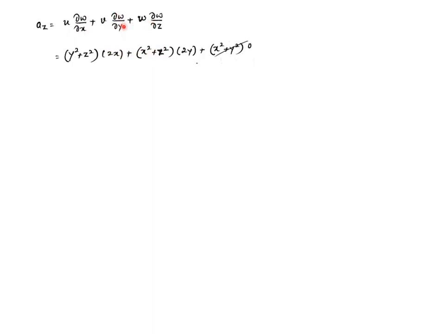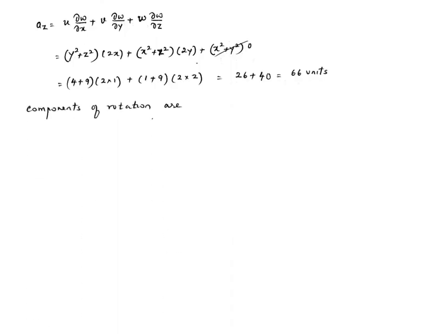Take w and differentiate with respect to y, the differentiation of y² is 2y. Take w as x² + y² and differentiate with respect to z. There is no z term, so it will be 0. Substitute the values of x, y, z, and you will get 66 units, meter per second square. Similarly, the total acceleration, the root of ax² + ay² + az², can also be determined.